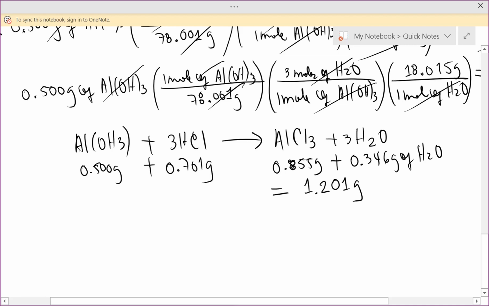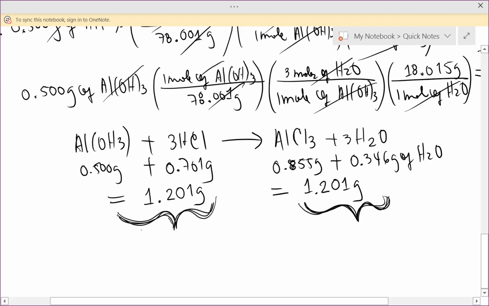We sum this out and we got that this is equal to 1.201 grams. So the same that we got, the grams that we got on the reactants is the same that we got on the products. So this is proving that the conservation of mass is actually true. Whatever we have on the reactants, it should be on the products.